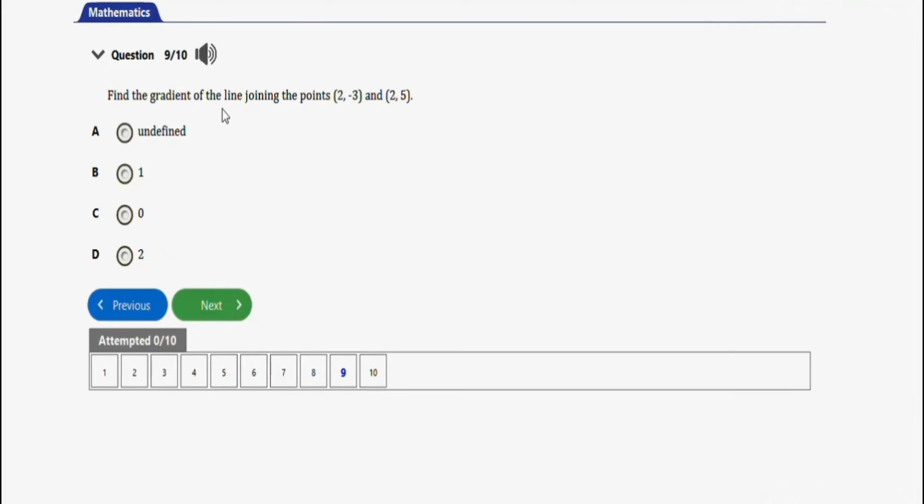It says find the gradient of the line joining the points. Okay, so let's label these: these are x1, these are y1, these are x2, these are y2. Okay, so let's use a calculator and solve this now.